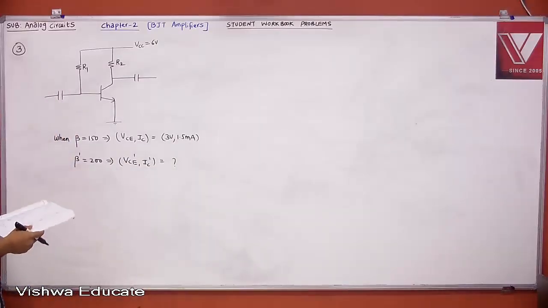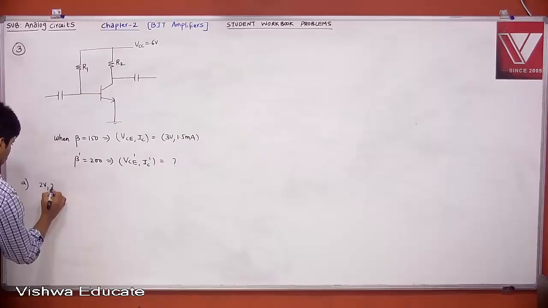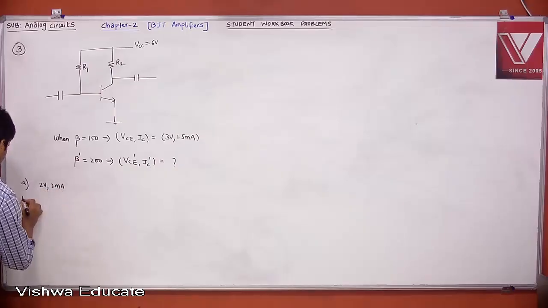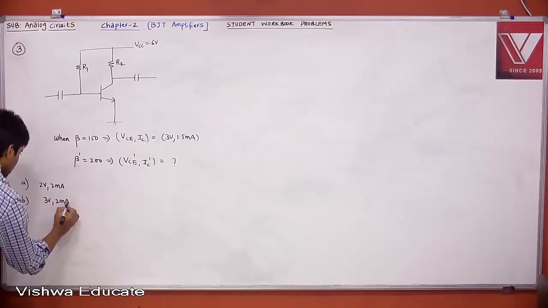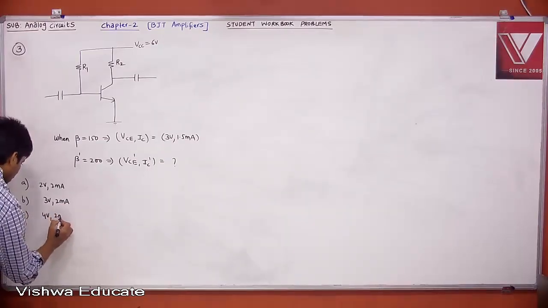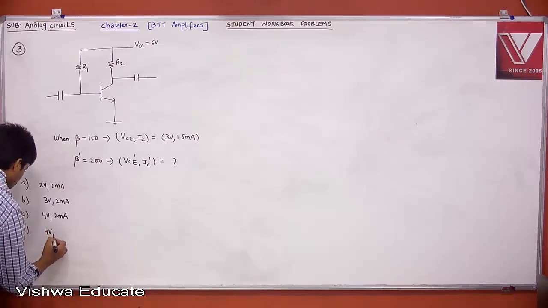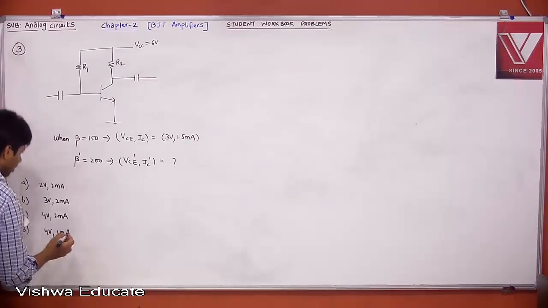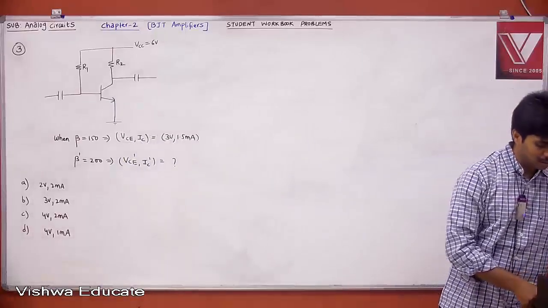I just decoded it this way. If you understand clearly, option A is 2 volt, 2 milliampere; option B, 3 volt, 2 milliampere; option C, 4 volt, 2 milliampere; option D, 4 volt, 1 milliampere. The new operating point means the new VCE and the new IC.